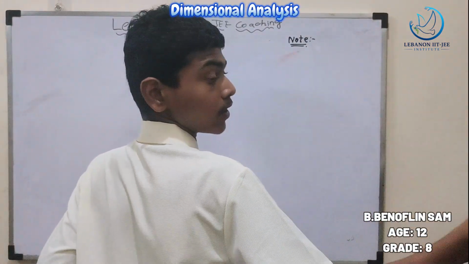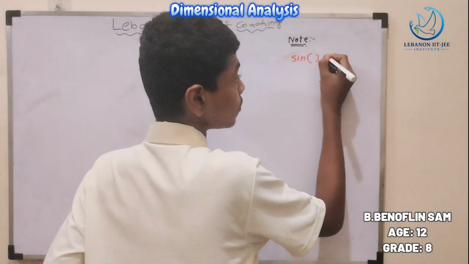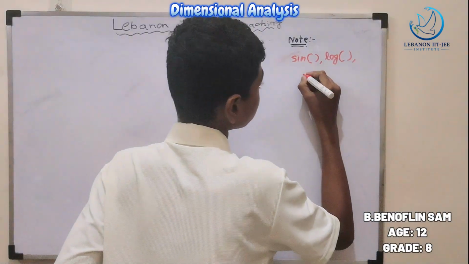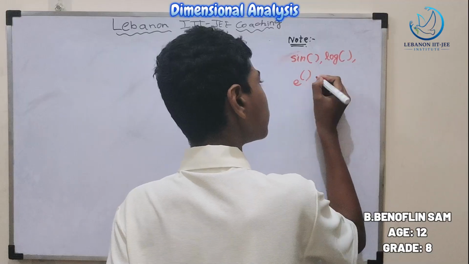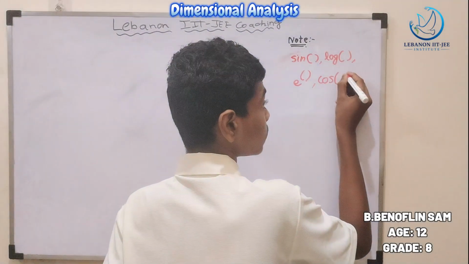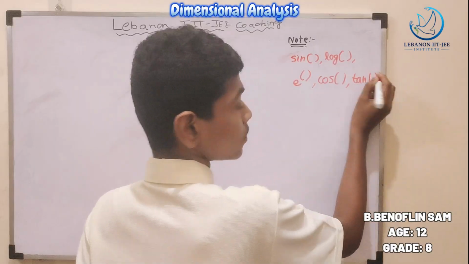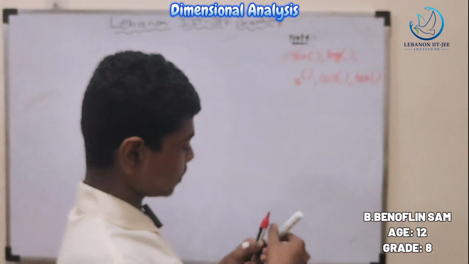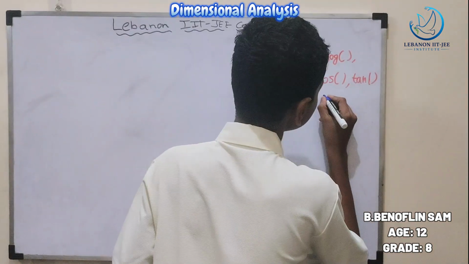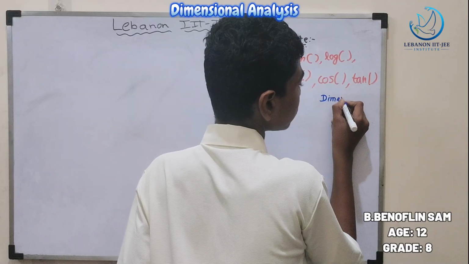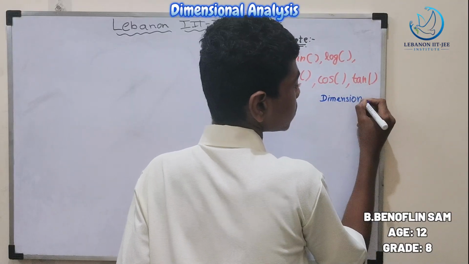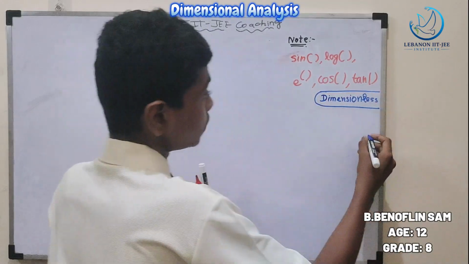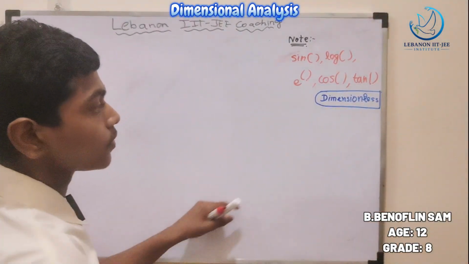See, if the units are like sine something, log something, e to something, cos something, tan something, and if they are like this, then it is dimensionless. Okay, then this is dimensionless.